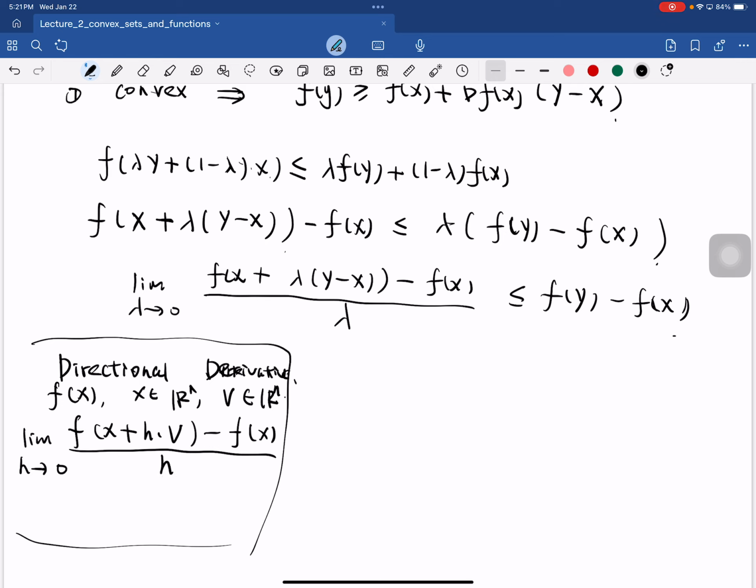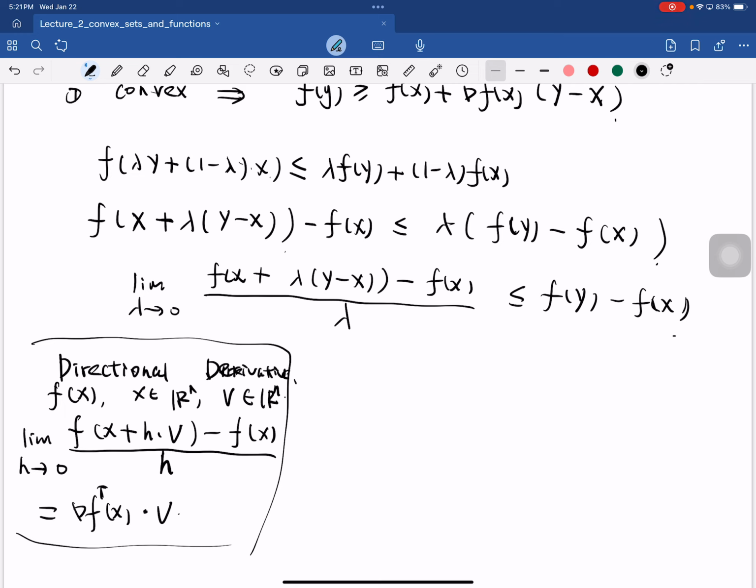How to calculate the directional derivative is nothing but the gradient of f(x) transpose the vector v. Because a gradient describes how much this function value will change if you perturb each of the entries x1 all the way to xn by unit length.